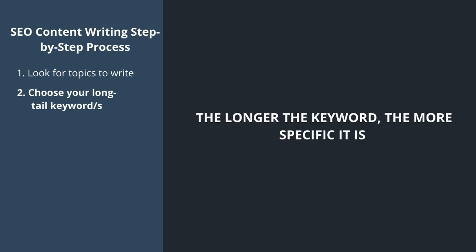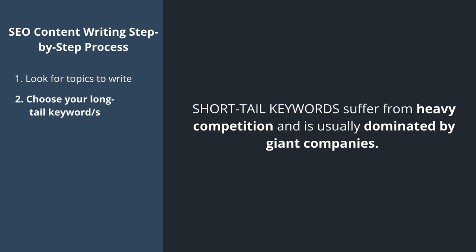As you can see, the more words in your keyword, the more specific the topic is. Since short tail keywords are less specific, it will be quite difficult to rank using them due to heavy competition. More or less, short tail keywords are usually dominated by giant companies.